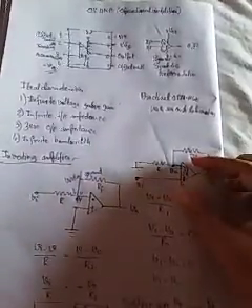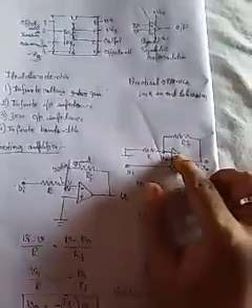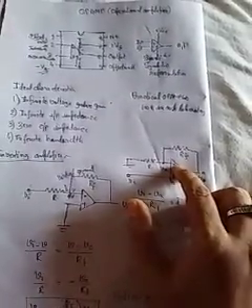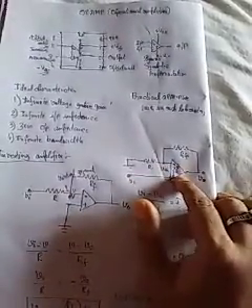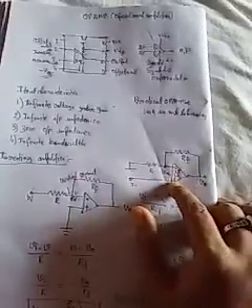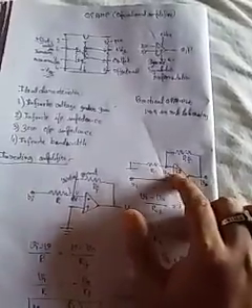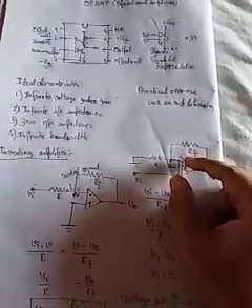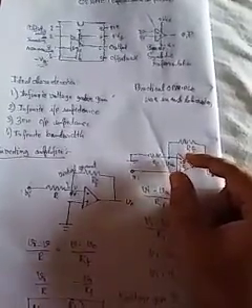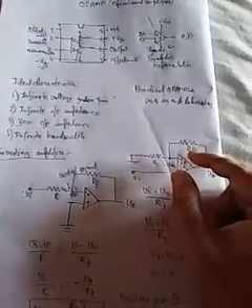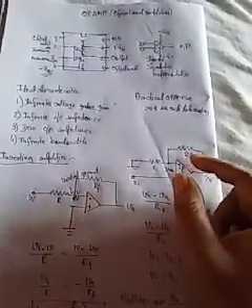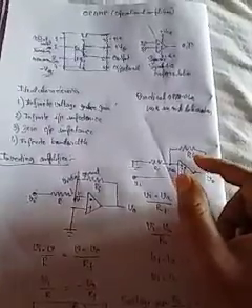Inside this op-amp symbol there is a large resistance, R, connected between these two terminals. Since the resistance is very high, the current will be very low according to Ohm's law.